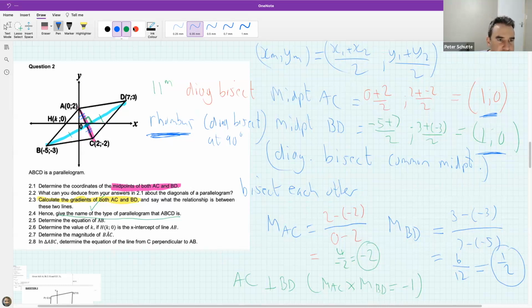Okay, 2.5. Determine the equation of AB. What is the equation of the line AB? Go ahead and make it happen. So AB is, for those who like bright colors like me, that is the line AB.